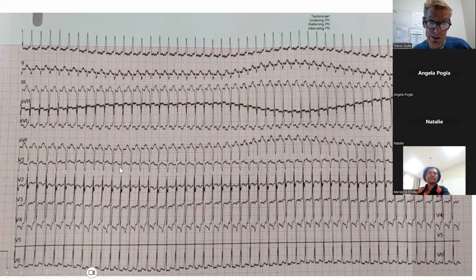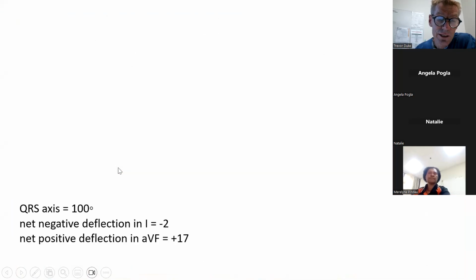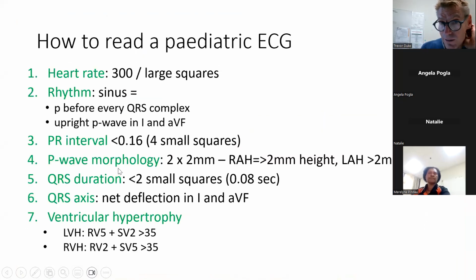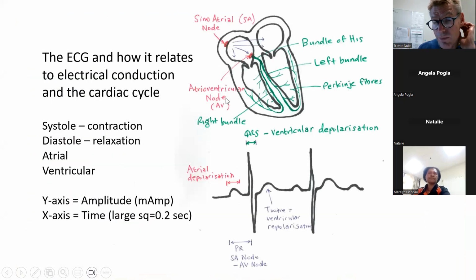So I'll just go back to the first thing I was talking about, which is to explain the difference between supraventricular tachycardia and ventricular tachycardia. If you've got some pacemaker that's firing off very rapidly in the atrium, that's supraventricular.